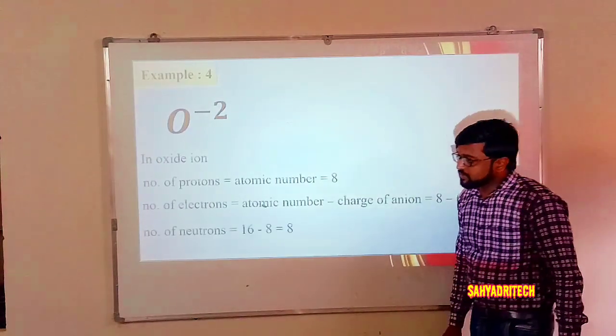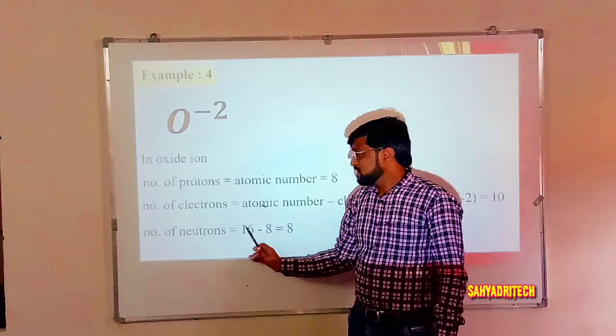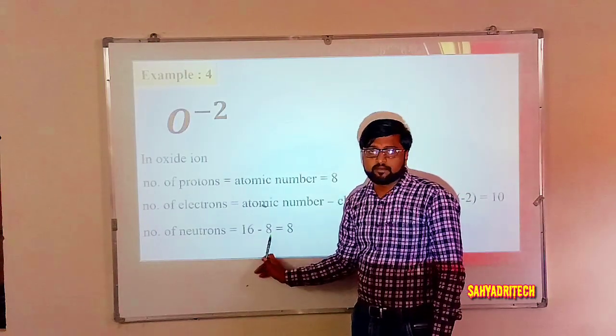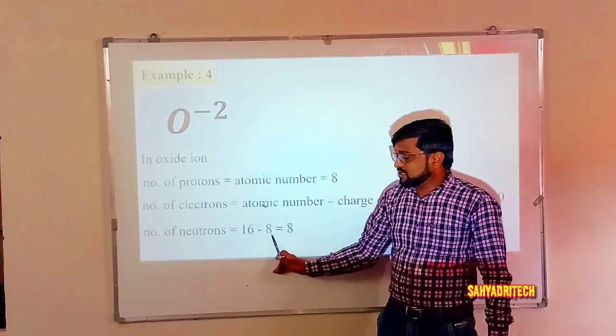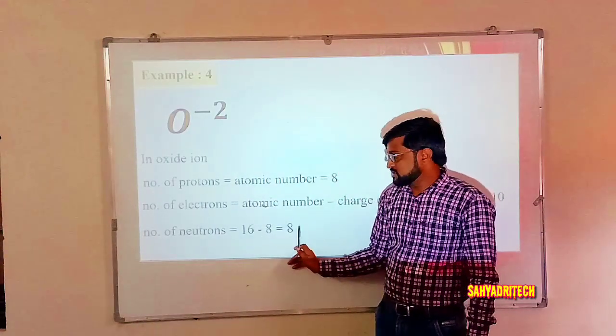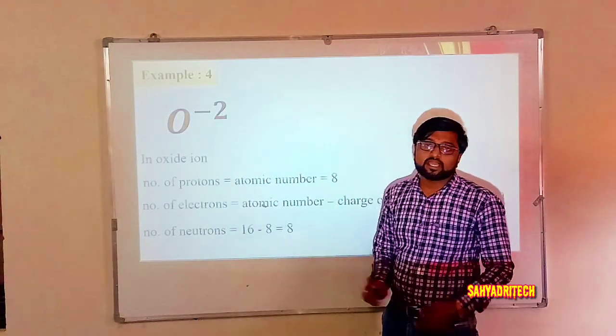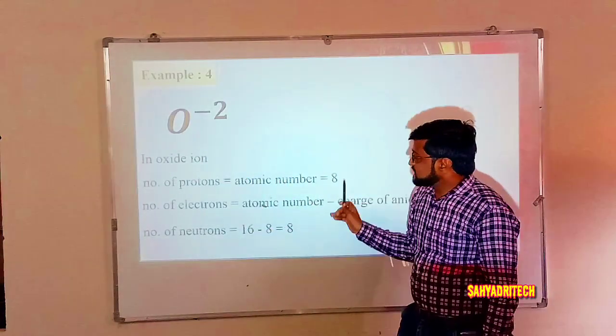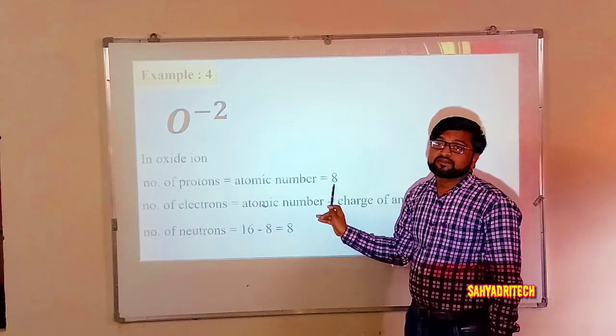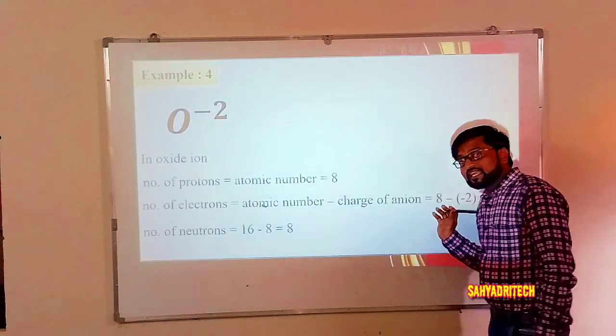Then coming to the number of neutrons, again no change: mass number minus atomic number. So, mass number 16 minus atomic number 8, answer 8. Overall, in an oxide ion, how many protons are present? 8 protons. What about electrons? 10 electrons.